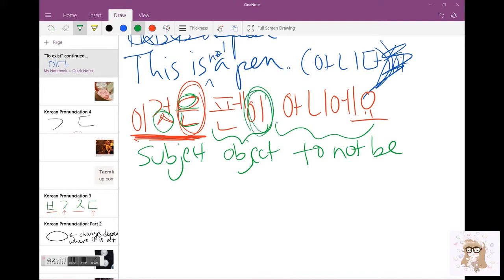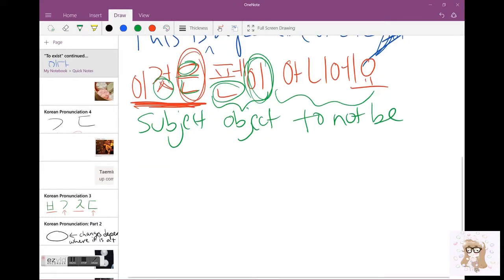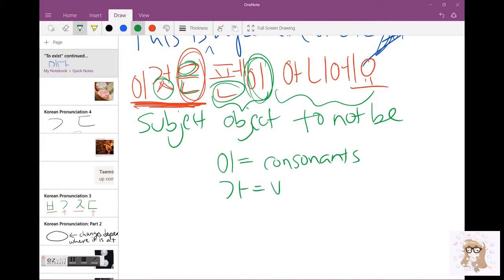Here we add i to the end of the object because the previous word ended in a consonant. So i equals consonants, and ga will equal vowels. I think I mentioned this last time. It's the same rule.